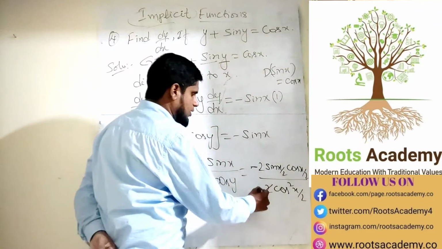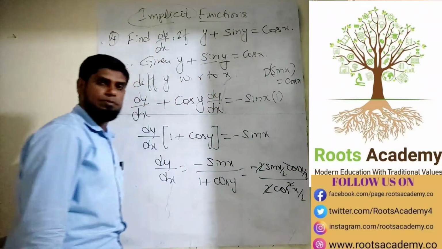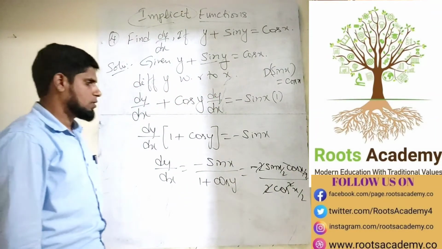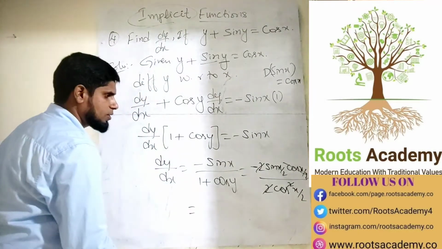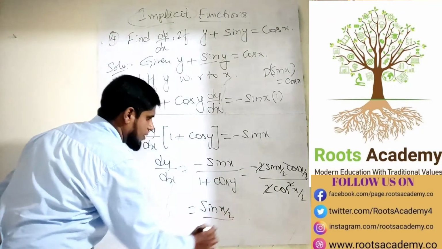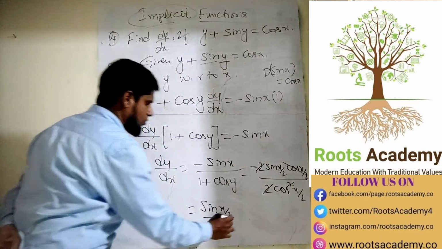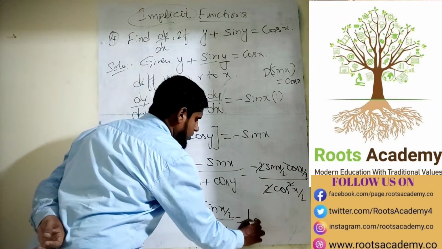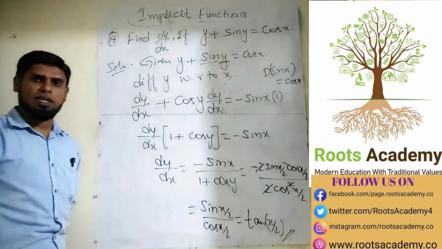So here 2 gets cancelled. Cos and cos gets cancelled. Then finally we will get sin x by 2 divided by cos x by 2. Finally it is tan x by 2. It's the final answer.